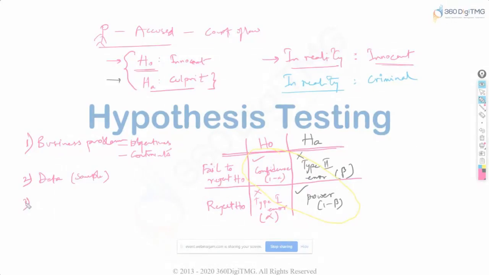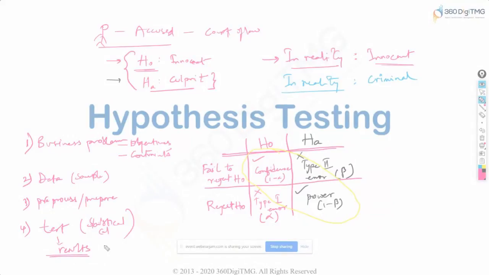Third, we pre-process or prepare the data, right? And then we perform the test. This test is nothing but statistical calculations. Statistical calculations are happening here, so this results in statistics.